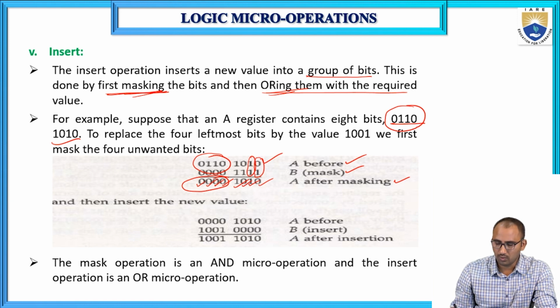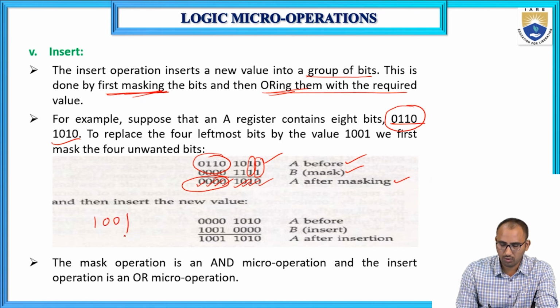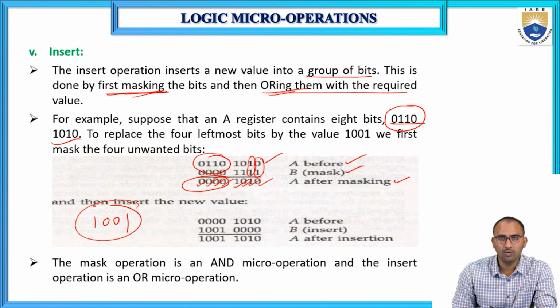So what is the value we are going to insert? This is 1001. This is the value we are going to insert. So we perform an OR operation with register A. This is A before performing the insert operation. The value we are inserting is 1001.